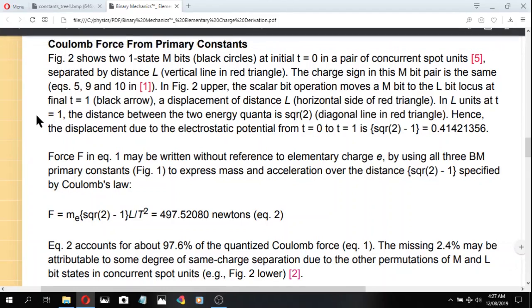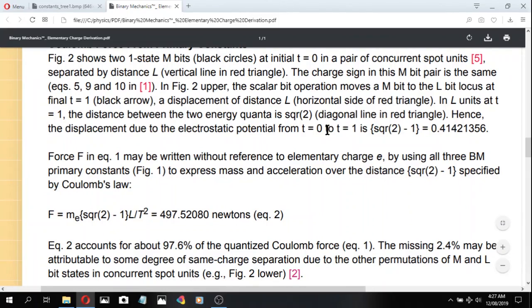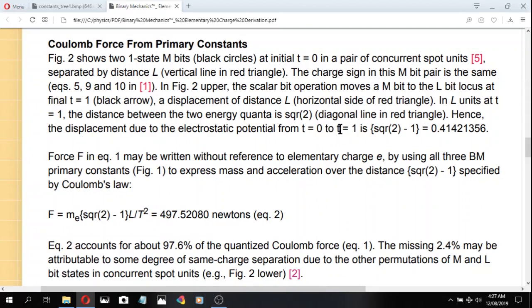Thus, if we have at t equals 0, the distance between the two like charges is 1, and at t equals 1 it is the square root of 2, the difference then is this amount of displacement caused by the electrostatic force.